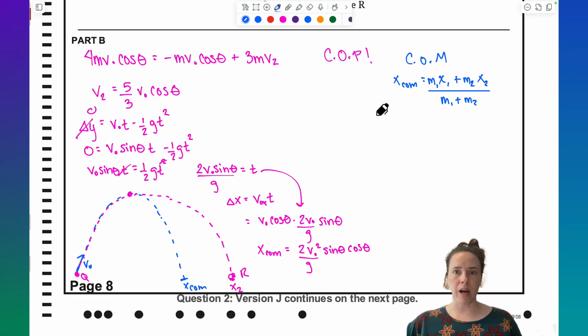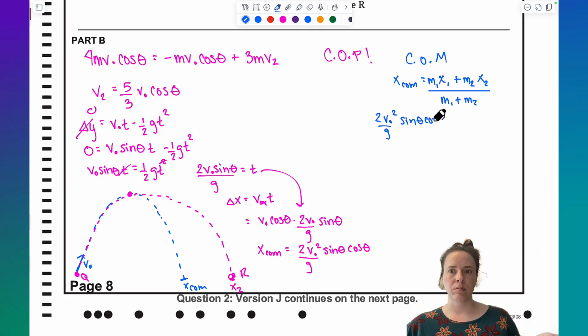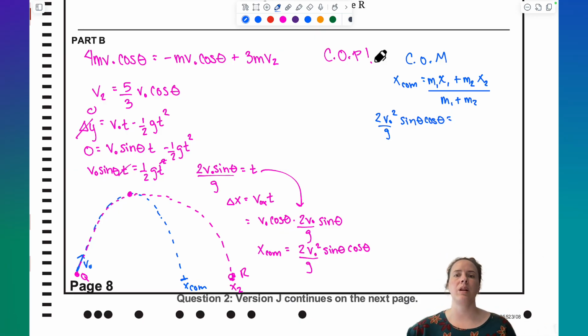Well, we know the center of mass is going to end up at 2 v naught squared over g sine theta cosine theta. So we know where our center of mass ends up.